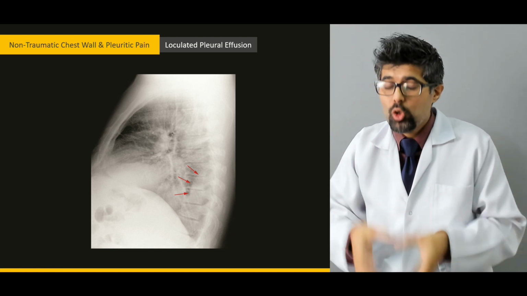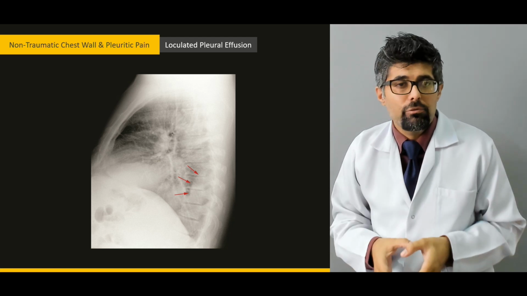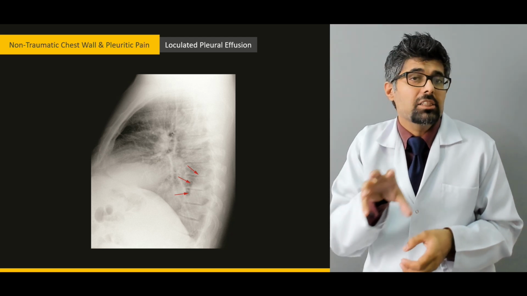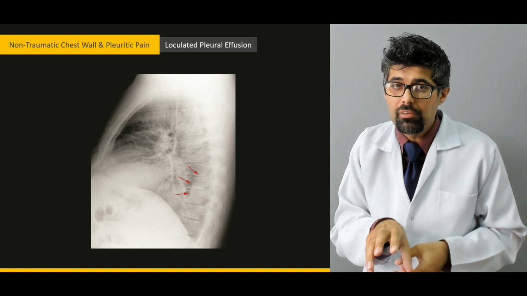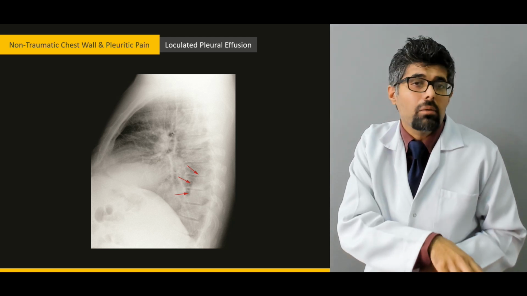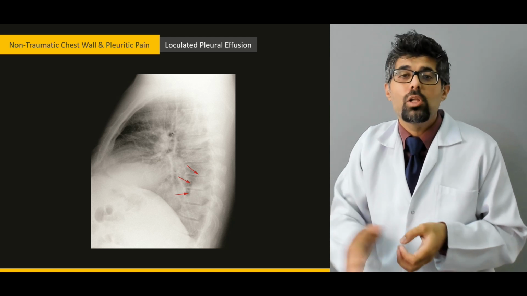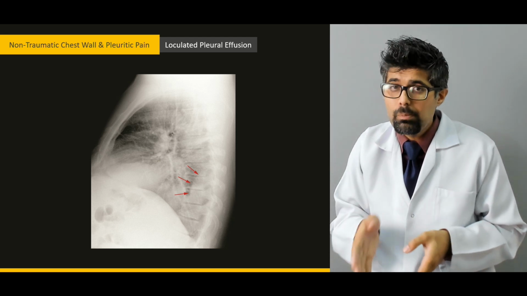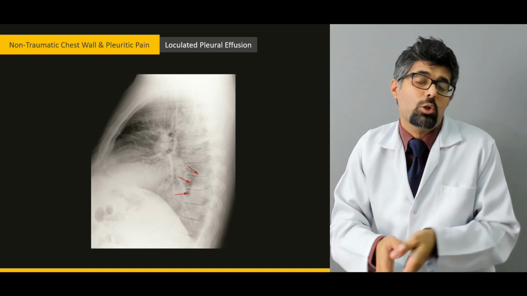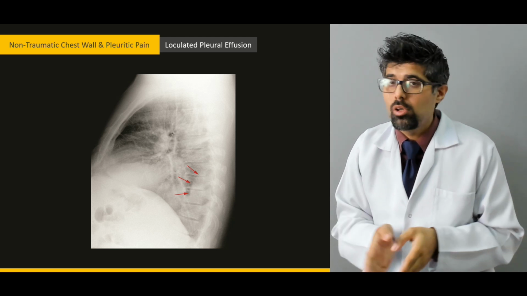It is not moving, it is not fluid, it is focused, it is locked, and it is present in its area. It might encroach upon the parenchymal tissue, but it will not move along the pleural cavity. This is the defining characteristic of a loculated pleural effusion.